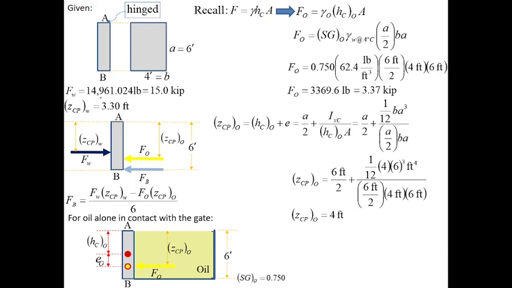So actually, there's a shortcut for finding ZCPO. Again, since this is rectangular, this is our pressure diagram. The pressure intensifies as we go down.